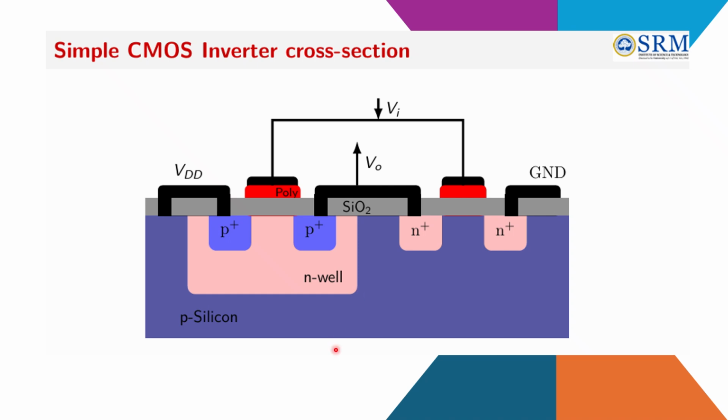So let me conclude with this CMOS inverter. Step 1, substrate. Step 2, your N-well using ion implantation. Step 3 is the development of SiO2 using the thermal oxidation process, right? Then step 4 is the development of polysilicon using the chemical deposition technique.